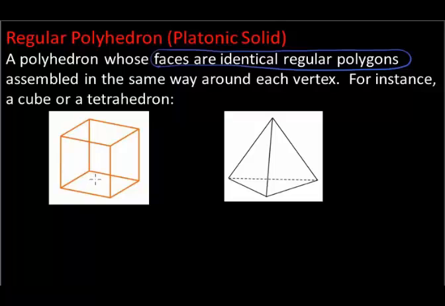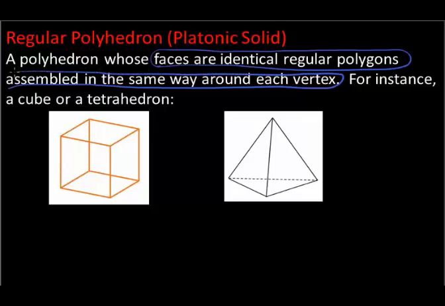For example, in the cube here, we see that the faces are identical squares, and in the tetrahedron, we see that the faces are identical equilateral triangles. But there's another part of the definition. The faces are assembled in the same way around each vertex.